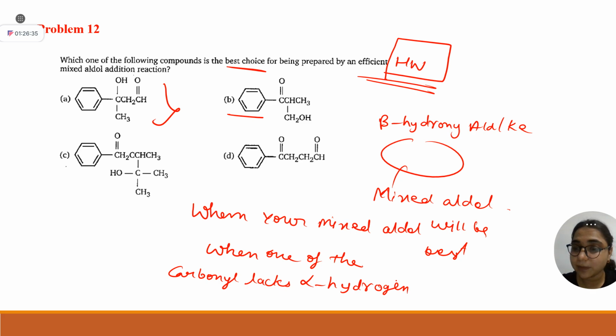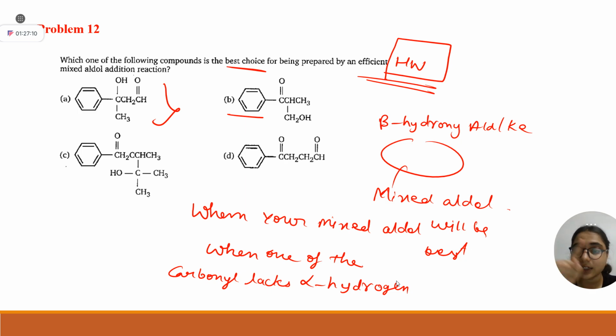Then the possibility of self aldol will be eliminated, right? When you are taking two aldehydes or two ketones or one aldehyde and one ketone, the mixed aldol will be best when one of them lacks alpha hydrogen, so that it can't undergo self aldol reaction. It will only behave as your electrophile, and some carbanion is going to attack your aldehyde. Clear? So I'm giving you a hint for how to solve this question.